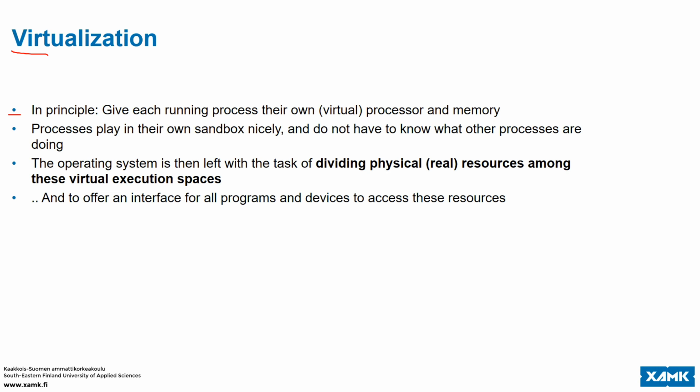So to a process, it looks like there are no other programs using the processor and the memory space in the computer system. This way, processes play in their own sandbox very nicely and do not have to know anything about the other processes or what they are doing. The job of the operating system is then to divide physical or real resources among these virtual execution spaces.